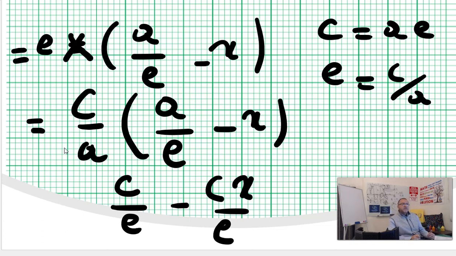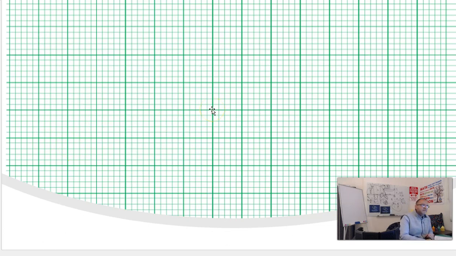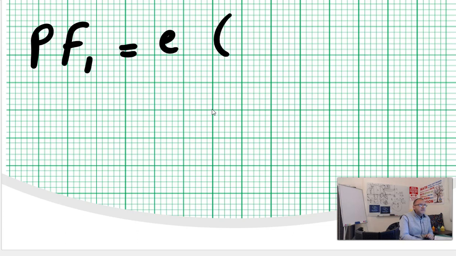Now, if you don't want to put it this way, all you need to do is what? Exactly. C divided by E. So this is your A minus C divided by A times X. So it can go like this. You can put it like this. So you get PF1. So look at this. PF1 equals E. We said this is ON minus OW.